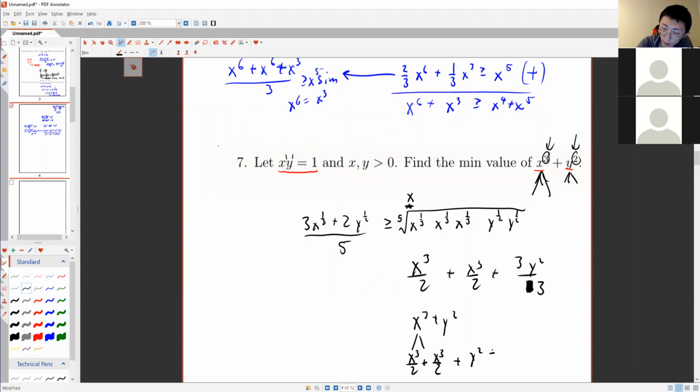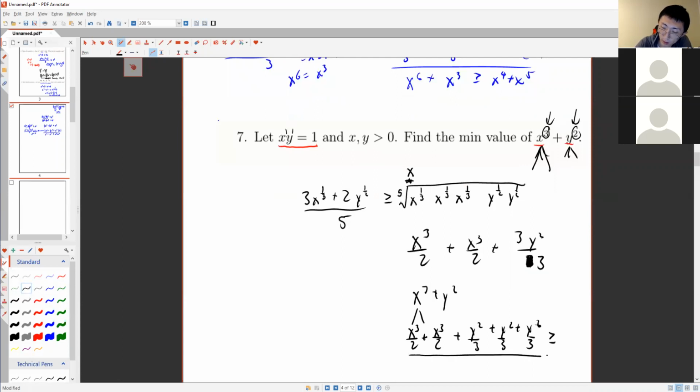So then y squared plus y squared plus y squared. So this over 5 is greater than or equal to xy over some like 4 times 27. And maybe I'll just write it to this.